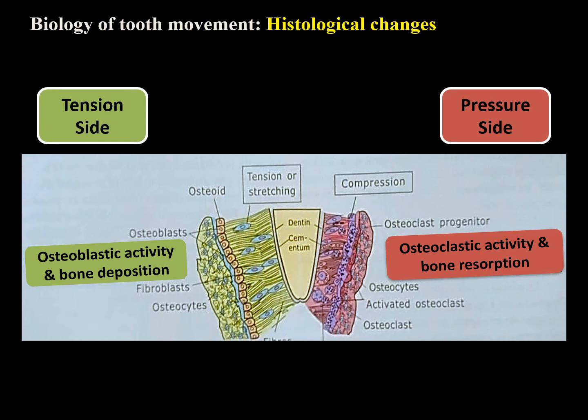On the tension side, there is stretching of the periodontal ligaments, leading to increased vascularity, then mobilization of fibroblasts, and then bone deposition. On the pressure side, there is also a cellular response, but here osteoclastic activity comes into play, leading to bone resorption.